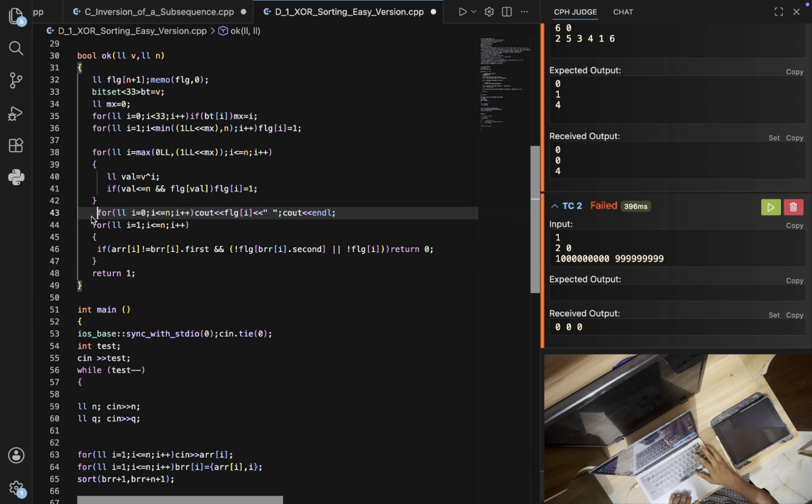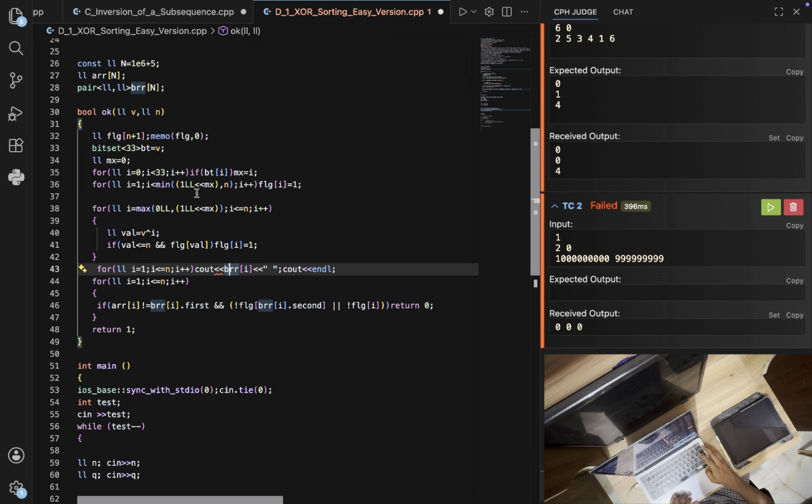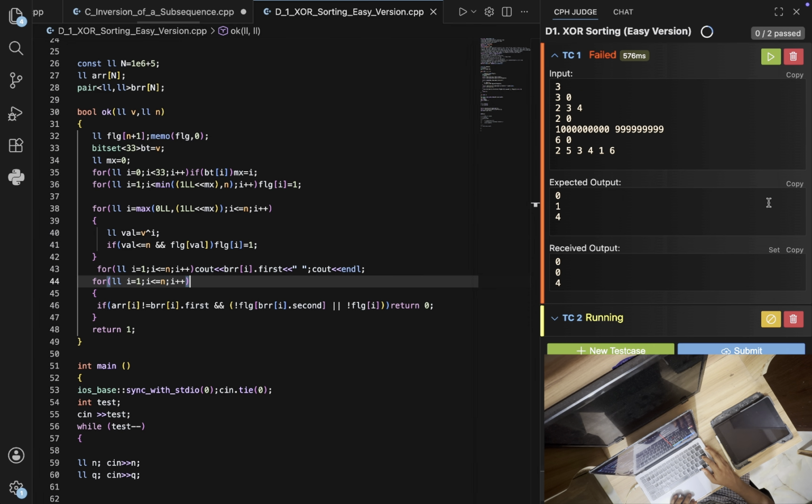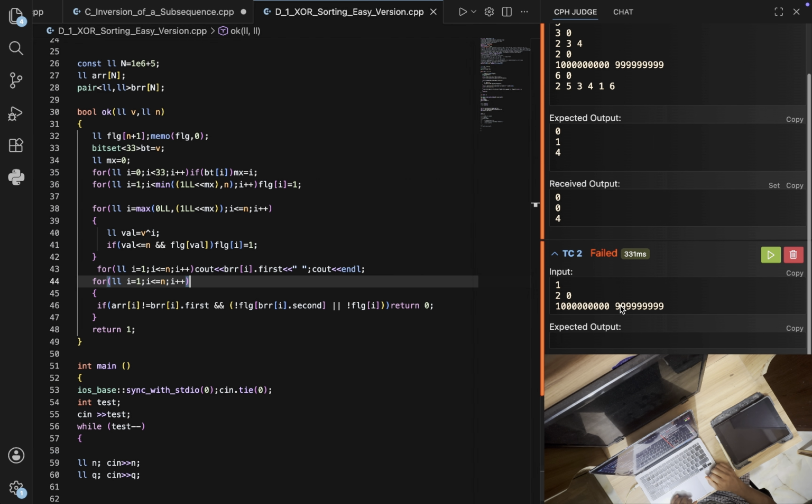Still got 0, 0. Is my sorting wrong? Sorting is correct.